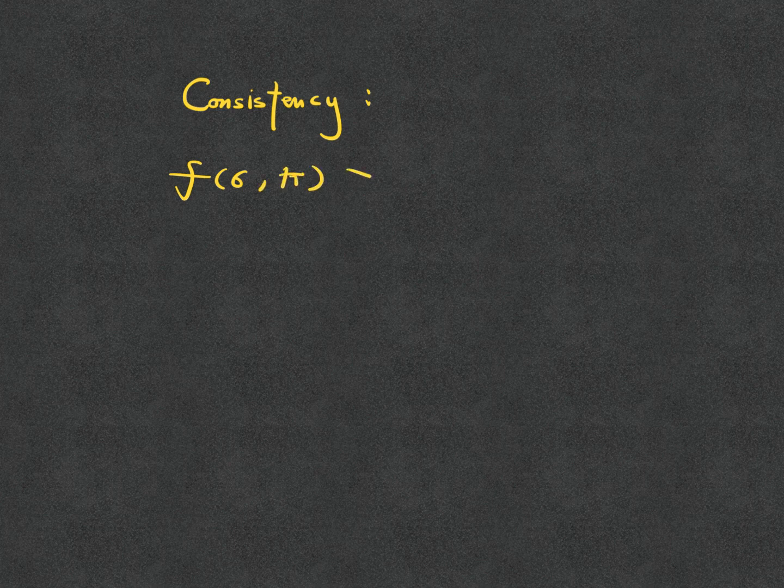So with that, we need to consider another criterion, which is the consistency of the plastic yield function. Okay, so we're saying that if the yield function is greater than 0, then the stress is not admissible.